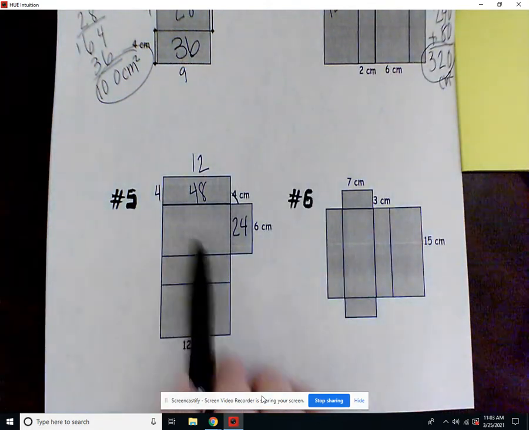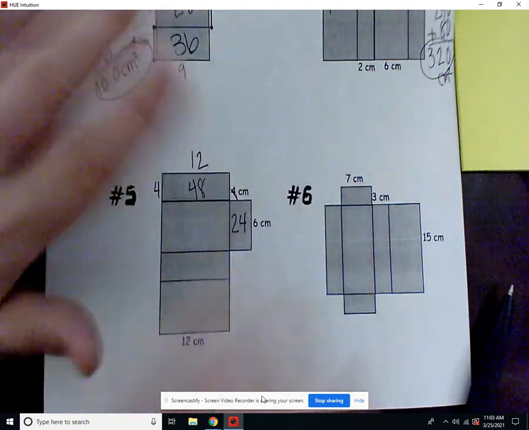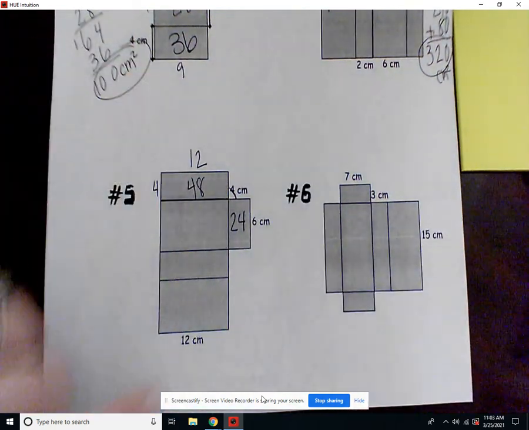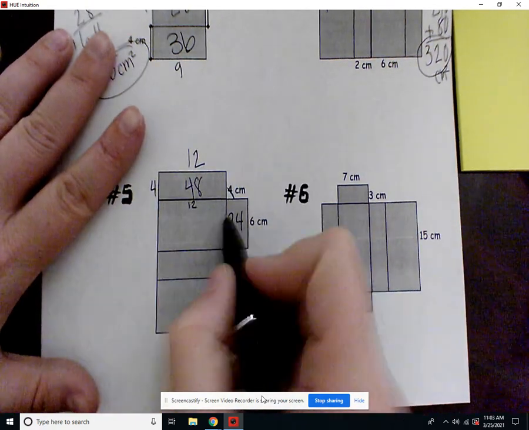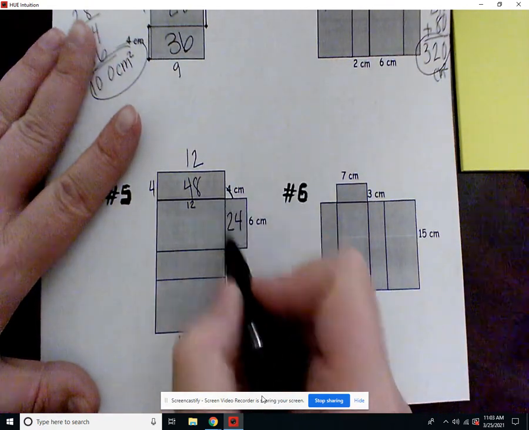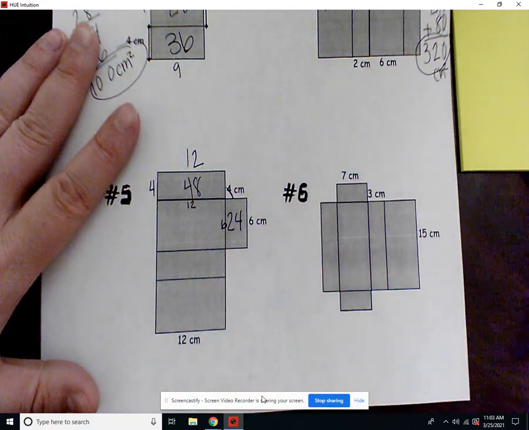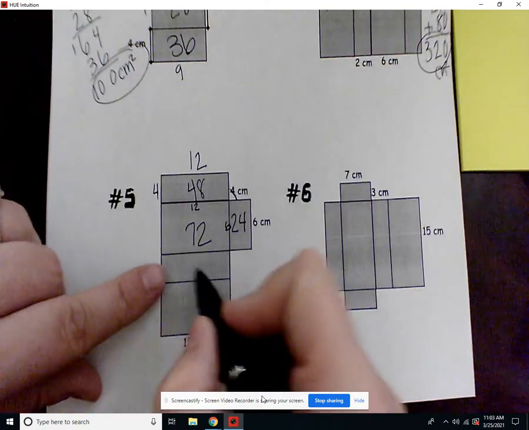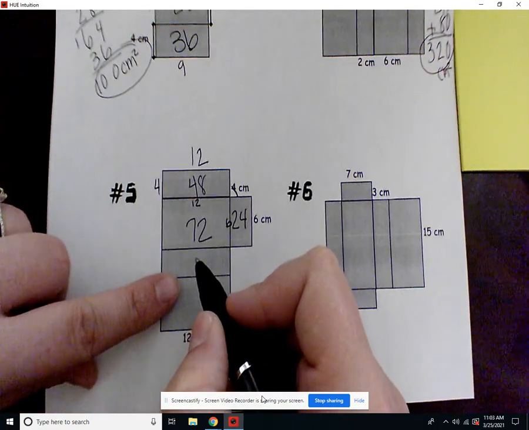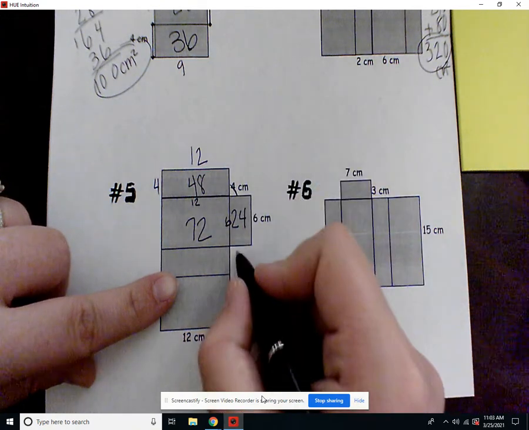Okay, then we look at the next one. If you look at it, there are 0 numbers on this. So again, use your clues. We know this long one's going to be 12. Then we've got to know what our side is, and we can look from this rectangle. It says it's 6. So 12 times 6 is 72. Again, there's no numbers, but we know that if this side is 4 on this rectangle, this will be 4.